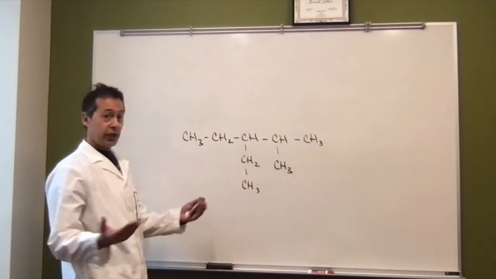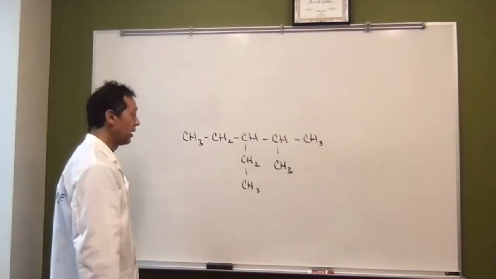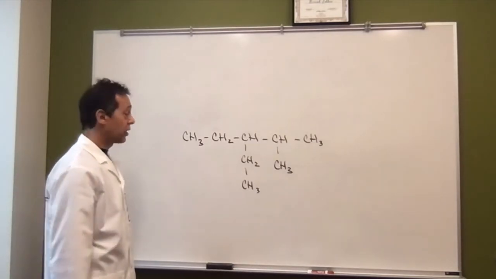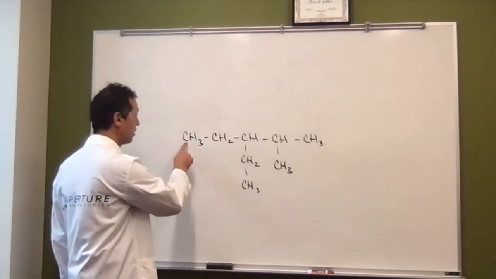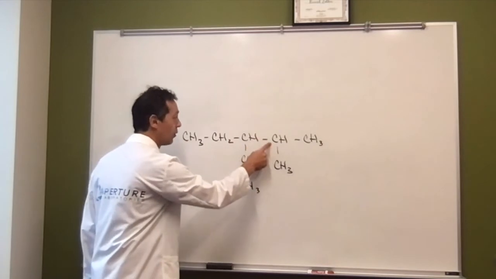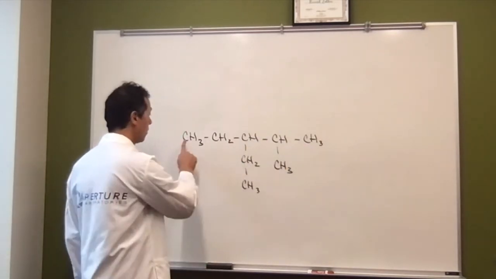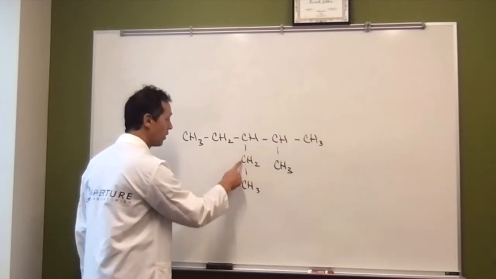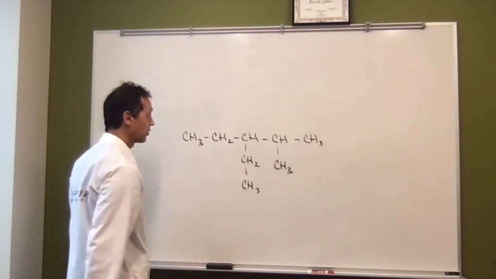And let's take a look at this. What does this look like? Well, rule number 1, we need to figure out what is our longest carbon chain. And we can go more than one way. We could go 1, 2, 3, 4, 5, or we could go 1, 2, 3, 4, 5. Same, they're both the longest carbon chain.